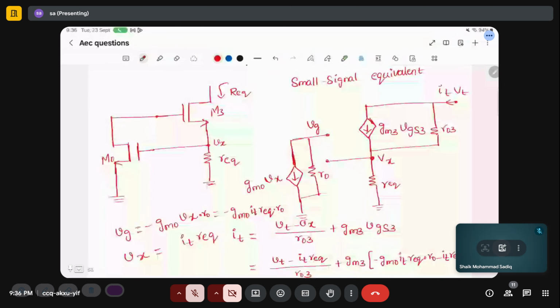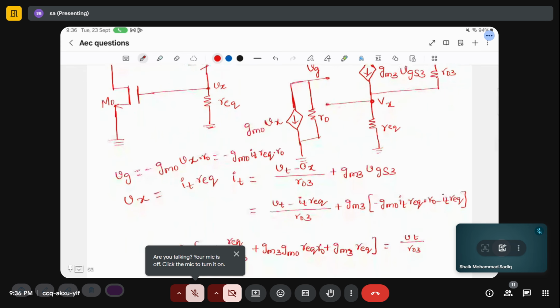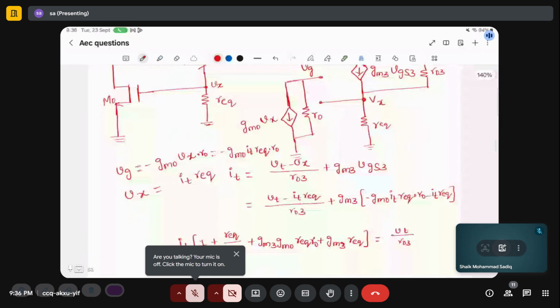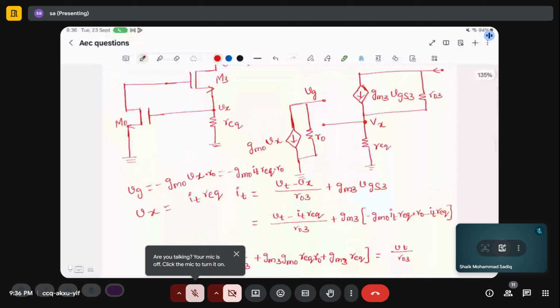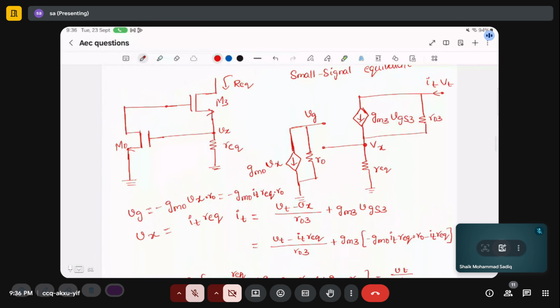And again for M3, same thing: GM VGS, again a resistor in parallel. IT is equal to VT minus Vx by R. In the same way, if you apply KCL at VT, you have a voltage source here, VT, and the current flowing is IT.